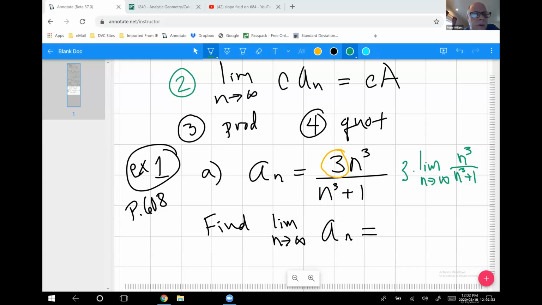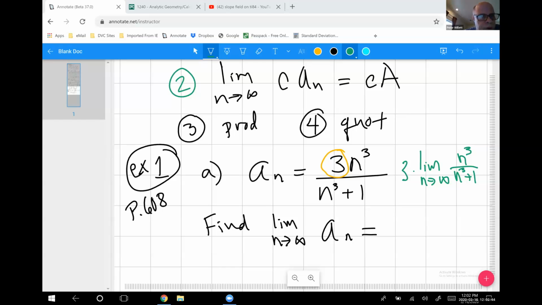For example, while we're looking at this case, if the power on the n in the top was a 4th power and the bottom stayed the same as it was, we would still have infinity over infinity, but that would no longer simplify to 1. All of a sudden, that would be infinite.